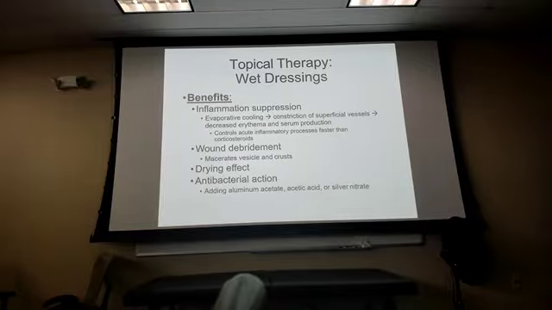Wound debridement will get that vesicle and crust off. Drying effect, antibacterial action. So it's with those ones that we talked about, urea, that can also add that aluminum acetate, acetic acids, and silver nitrates that help with that.